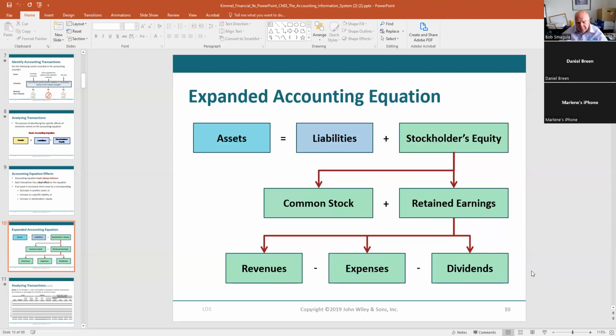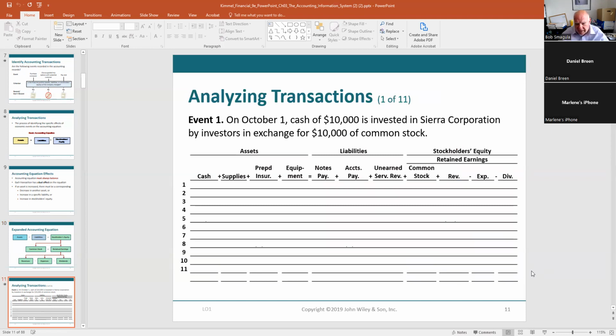Okay, we're going to go through some transactions now. I'm not going to ask you to set this up on a piece of paper, that'd be a bit much. But let's look at some transactions and see how they affect the accounting equation, okay? On October 1st, cash is invested in Sierra Company by investors in exchange for $10,000 of common stock.